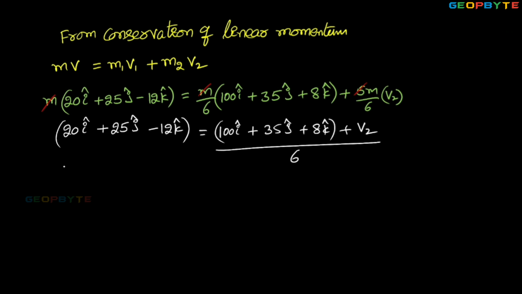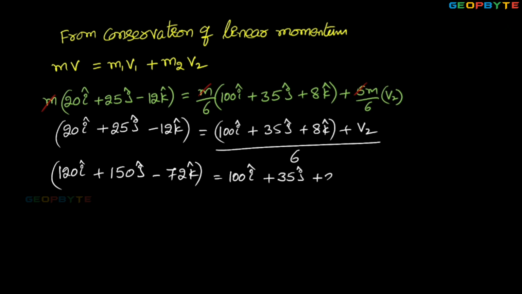Then you bring the 6 to the left. Then it is becoming 120 i cap plus 25 into 6, 150 j cap. Should be very careful. Minus 72 k cap must be equal to 100 i cap plus 35 j cap plus 8 k cap plus v2.